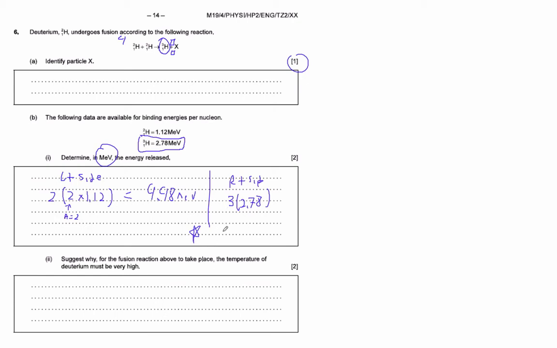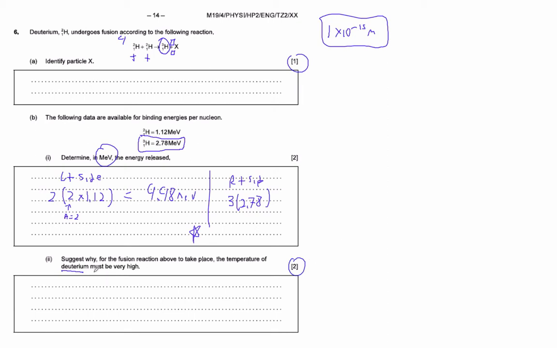and 4, right? Suggest why for the fusion reaction to take place, the temperature must be very high. Well, this is positively charged and that's positively charged. In order to get them close enough, and how close do you have to get them? Well, you have to get them on the order of 1 times 10 to the minus 15th meters apart. Remember that they're going to repel each other. They're going to naturally electrostatically repel each other due to the Coulomb force, right?